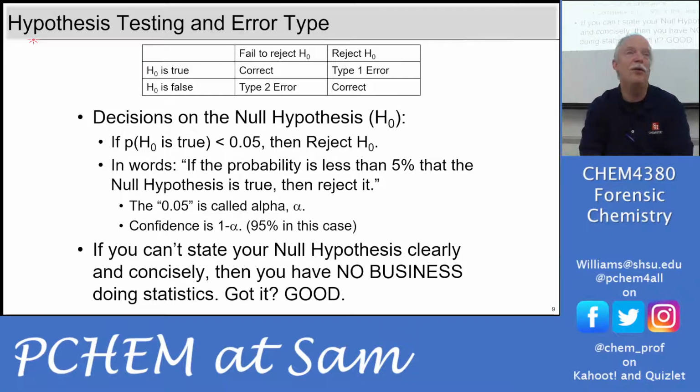It'll be much lower than 0.05. In PChem, sometimes your p-values were 10 to the minus 17, way lower than 0.05. You know, for the iodine lab or for the carbon monoxide lab, all of those p-values were really low because your intercept was significantly different than zero. And your slope, same thing, was significantly different than zero.